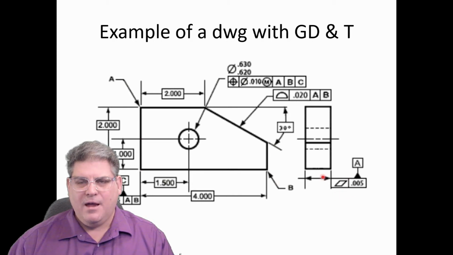So datum A is referring to this surface here, basically. Datum B is the bottom piece here, and datum C is this one here. Now we have a profile here, this 30-degree angle, and this whole profile needs to be within 0.02.